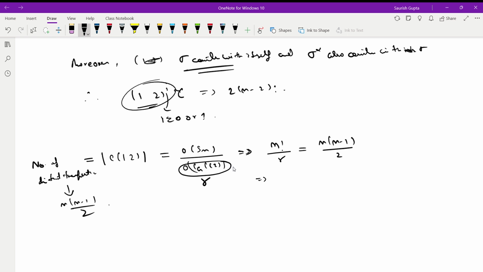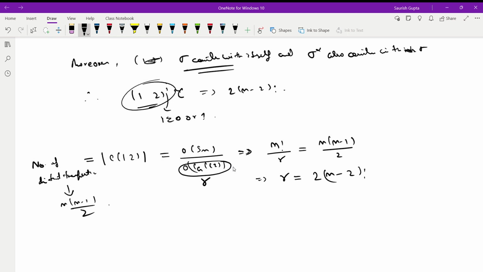This implies R is equal to 2 times, so n cancels with n and n minus 1 cancels, and you get 2 times (n minus 2) factorial, right? Clear?